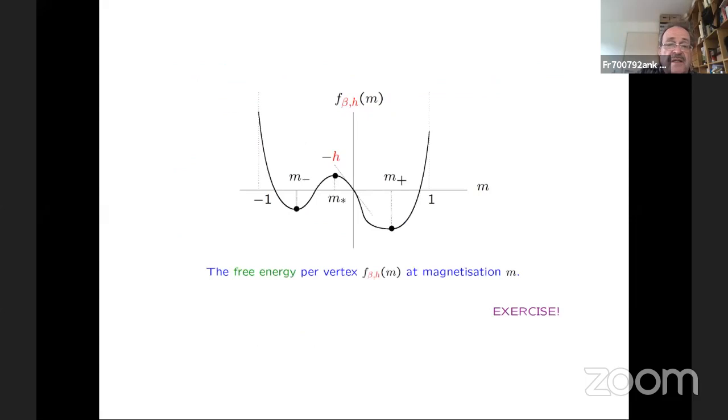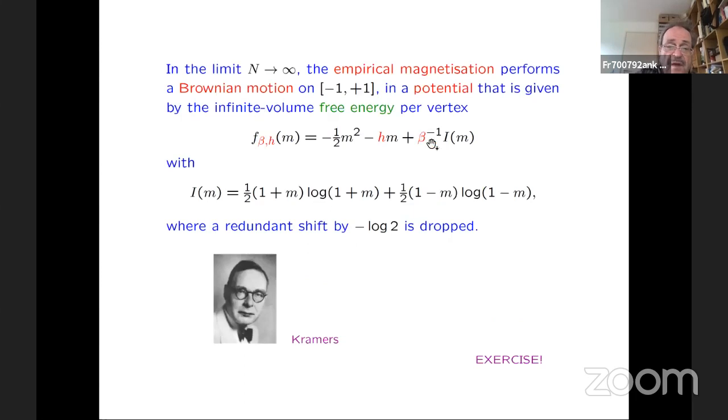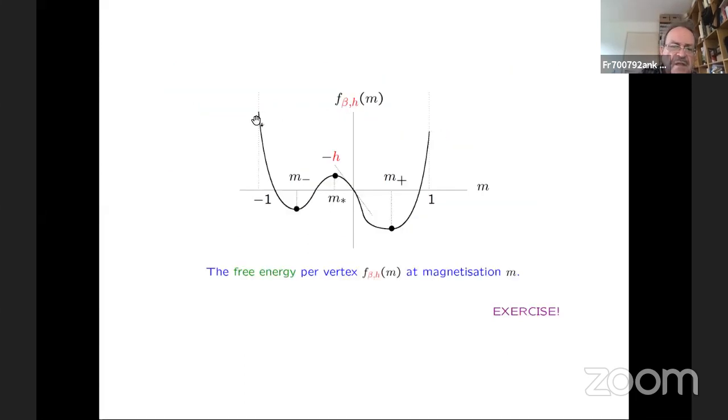Right, so it's time that I show you a picture of what this free energy per vertex at magnetization m looks like. And if you look at this formula in more detail, then it turns out that this thing has a double well potential, and it looks something like this.